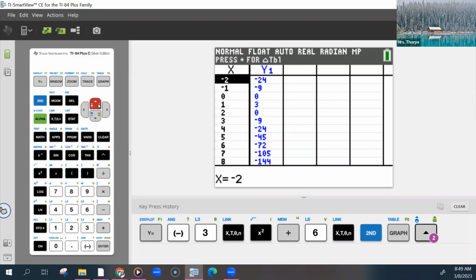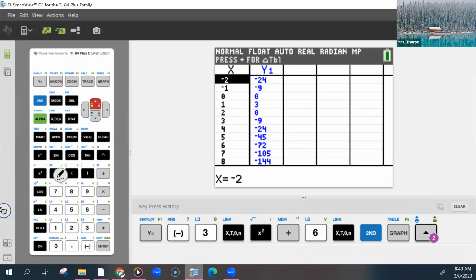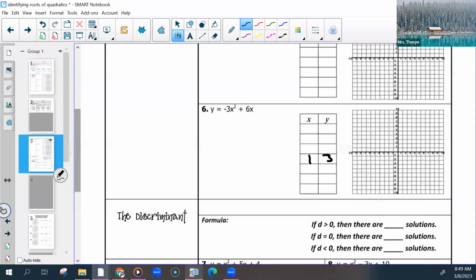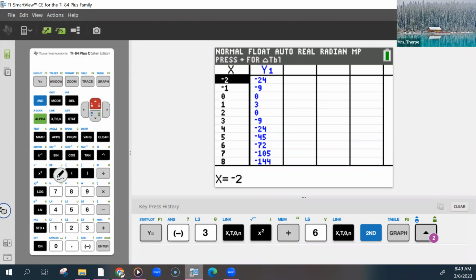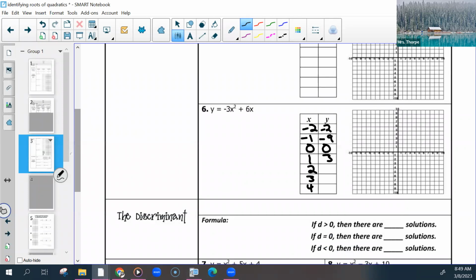So you would put that in the middle and fill out the rest of your table. So backwards we have 0, -1, -2, forwards 2, 3, 4, and then we have 0, -9, and -24. And then it repeats.